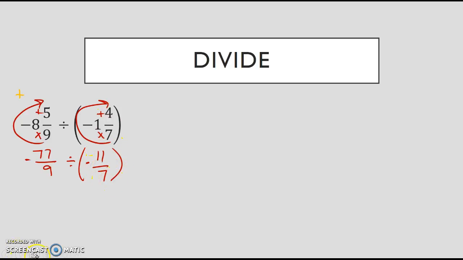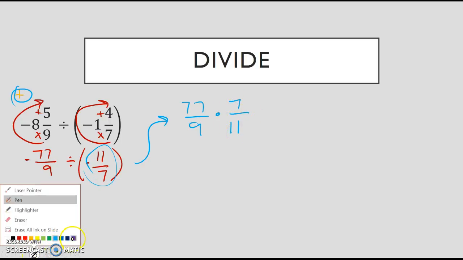Now, when we're dividing fractions, we need to make sure we multiply by the reciprocal. So we're going to keep that 77 over 9, and I'm going to drop the negative signs now since I know it's a positive answer at the end. And we change this division sign to multiplication, and we flip that second fraction. So we're multiplying by its reciprocal, which is 7 over 11.